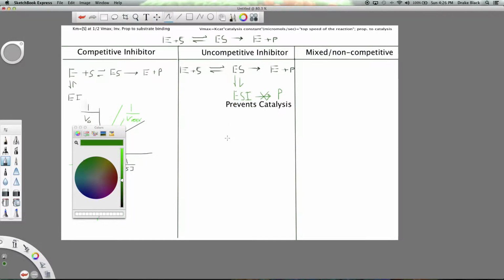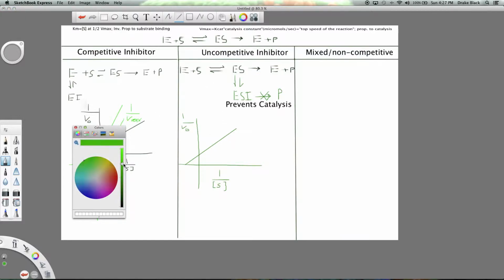Alright, and then the Lineweaver-Burk plot for this thing would look like this. So obviously we have 1 over V naught, and then 1 over the concentration of the substrate. This graph looks slightly different in the fact that the control, or the enzyme without inhibitor, that doesn't change because there's no inhibitor.